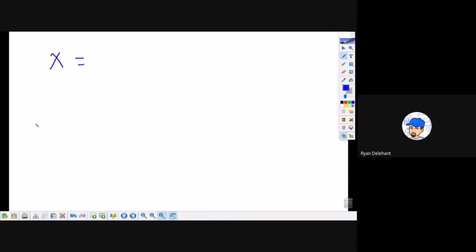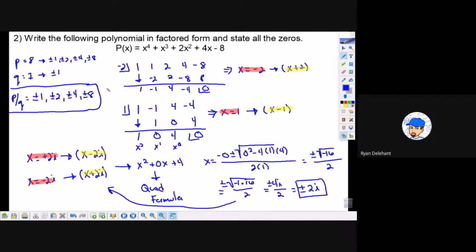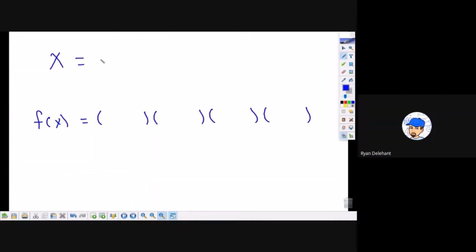Zeros are x equals. Factored form is f of x equals, and we're going to see 4 parentheses for this 4th power polynomial. So we got negative 2 and 1, positive 2i, and negative 2i. So those are the zeros.